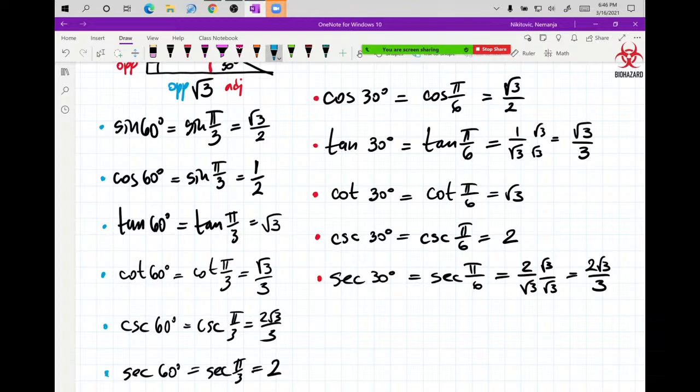As long as you know where your right angle is, as long as you know which angle you are focusing on, right? Not the right angle, but the other theta angle, you should be able to use SOHCAHTOA. The sine is opposite over hypotenuse and so on. You should be able to set up all of these functions very, very quickly.